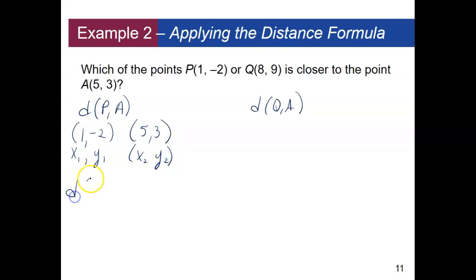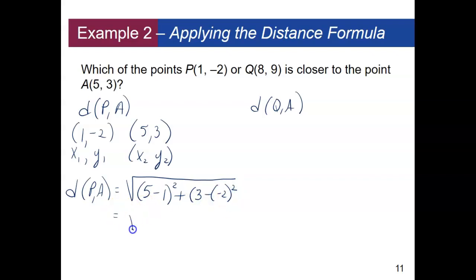So for the distance between these, we're going to do the square root of (x2 minus x1) squared plus (y2 minus y1) squared. This would be 4 squared, and this is going to be 3 plus 2.